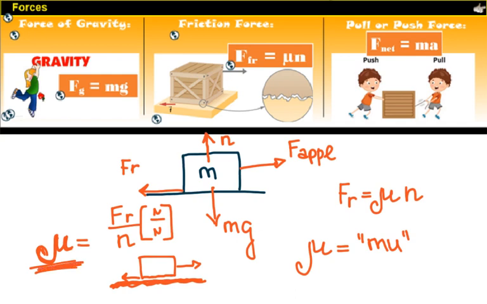And maybe the box is made of wood, then it's going to be again a different mu. So there are different types of mu's. There can be a coefficient of static friction and kinetic friction, and every single one of them has a different number depending on what surface is in contact. So your mu, coefficient of friction, depends only on two surfaces in contact, nothing else.